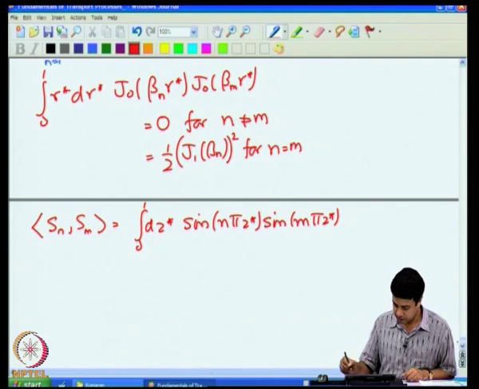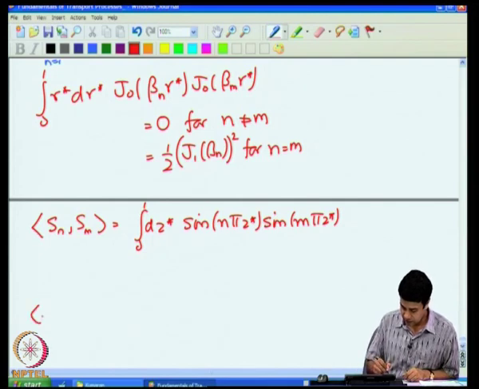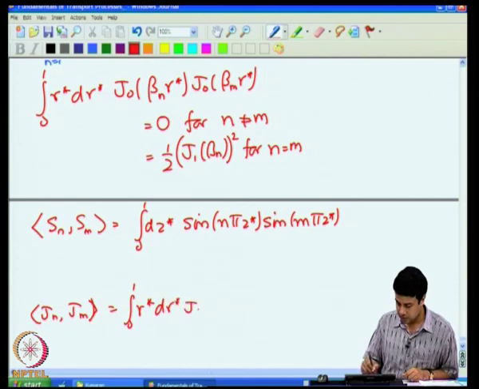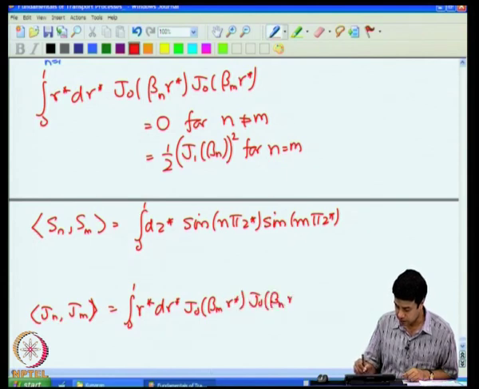Okay. In a similar manner, we can define the inner product for the Bessel functions, Jn comma Jm, as the integral from 0 to 1 of r star dr star, J naught of beta m r star, J naught of beta n r star.